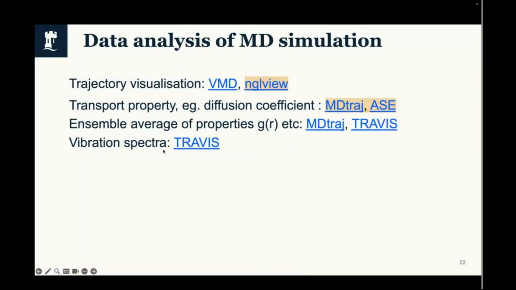And if you want, for example, to calculate the vibrational spectra, then you would normally use TRAVIS, which has a tutorial on the CP2K documentation site. So if you are calculating that, refer to that tutorial. I think it's fairly straightforward.